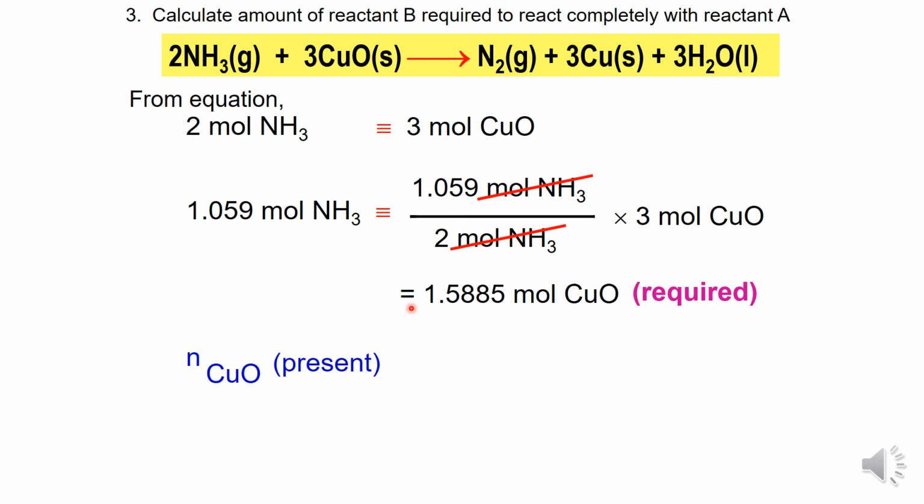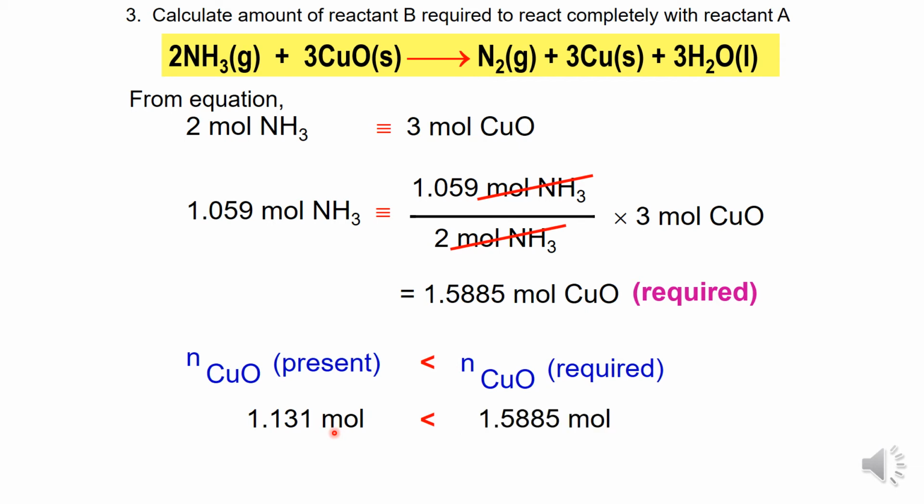So now we compare copper(II) oxide present and copper(II) oxide required. Copper(II) oxide present comes from step 2: 1.131 mole, and 1.5885 mole is required.